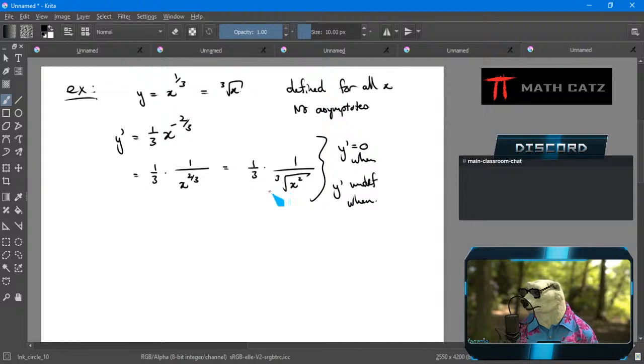Where is this derivative equal to 0? Is the question for you. Have you learned from the previous example? Every example is teaching me something, actually a bunch of things. Where is this derivative function equal to 0? For which x values?